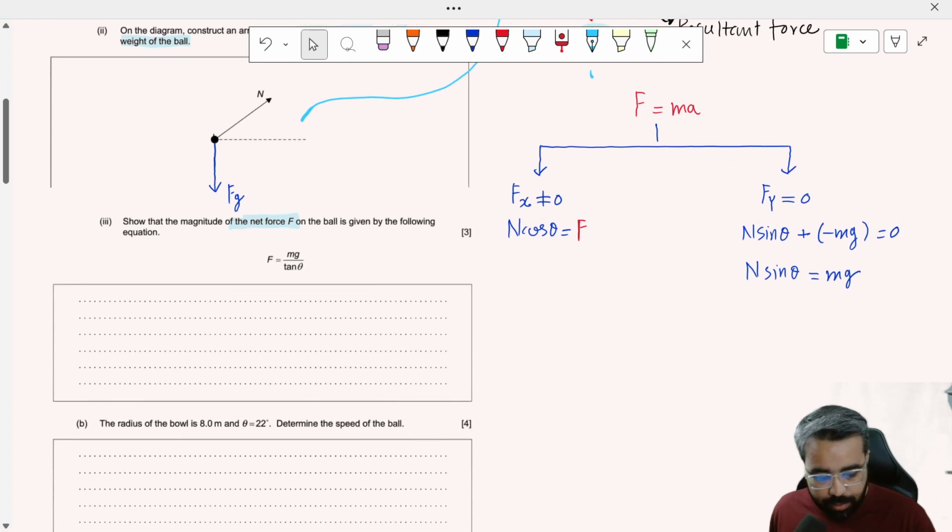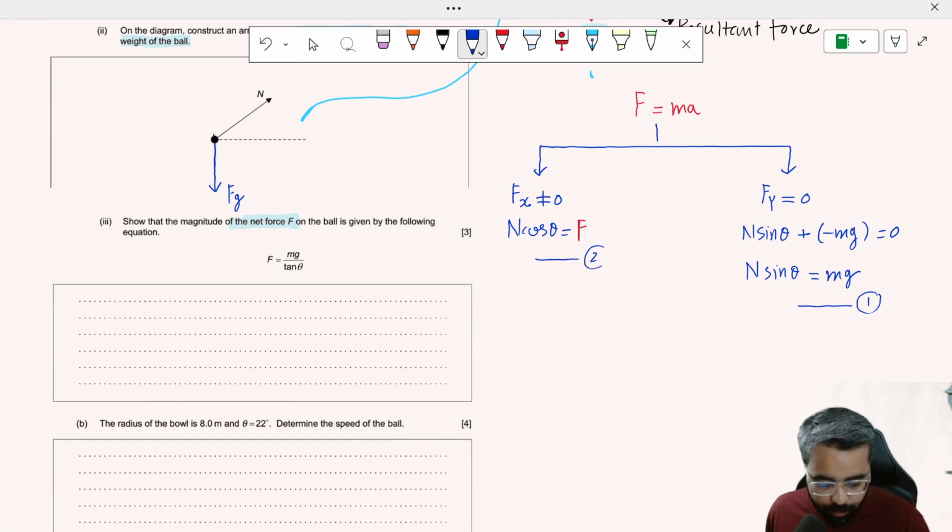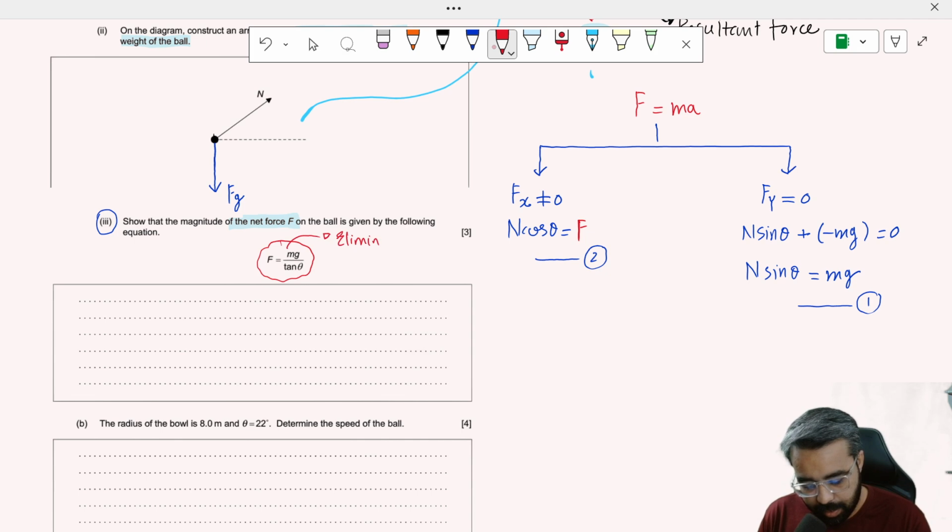Dear students, this is the first equation that we get, and the other is the second equation. In question number 3, you have to derive F equals mg over tan theta. You see there is no normal force shown here, which means you must eliminate the normal force, this symbol.